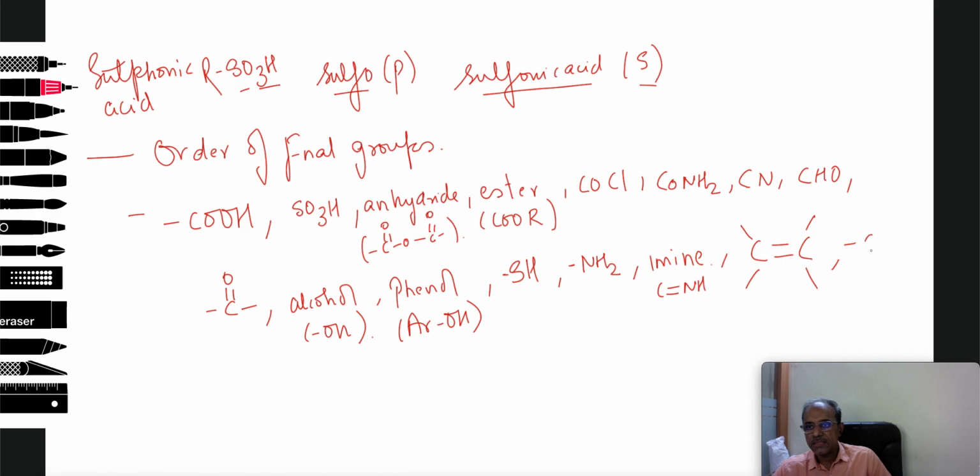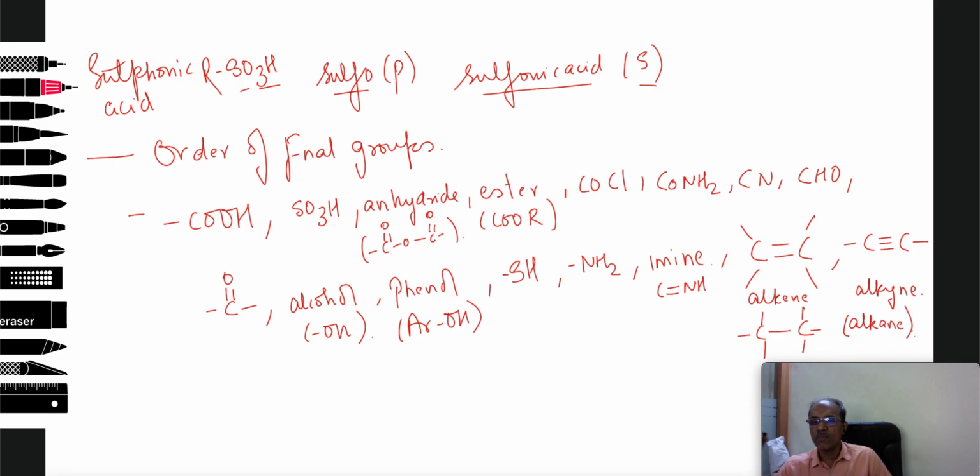Then comes C triple bond C. Fine. That means this is alkene. This is alkyne. And lastly comes C single bond C. C double bond C, C triple bond C, and this is C single bond C. That means alkane, I can say.